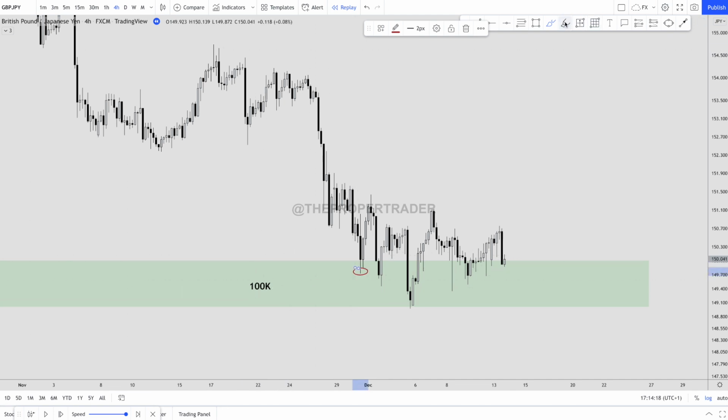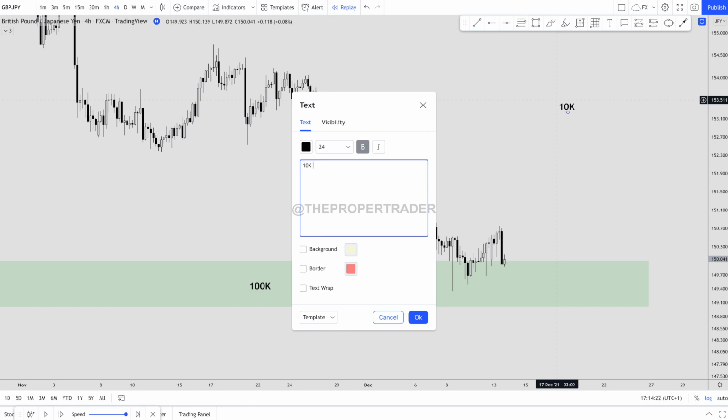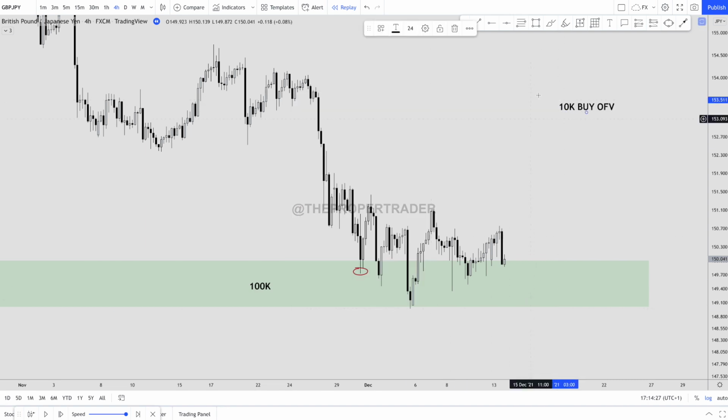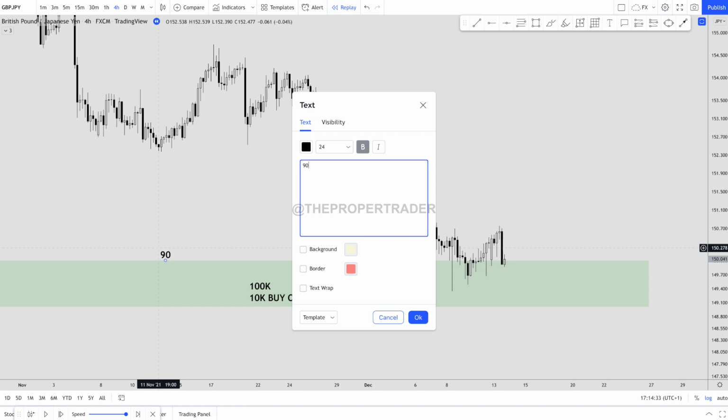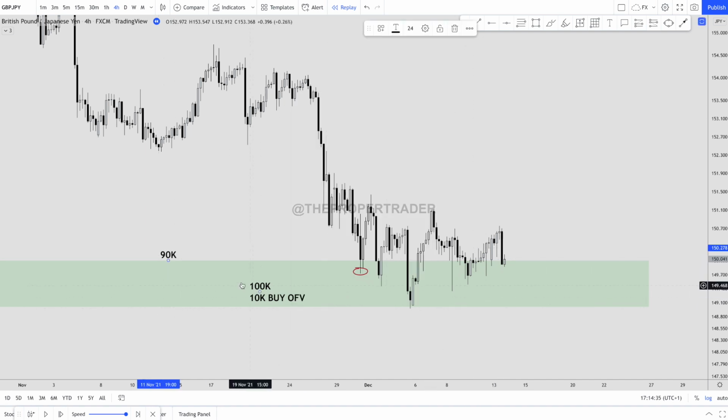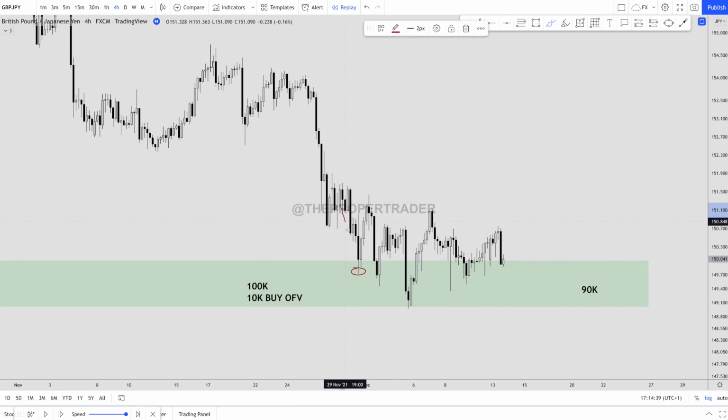So for example, we tap for the first time, 10k buy OFV has been activated. So this is 100k minus 10k. Now we've got 90k in the zone.